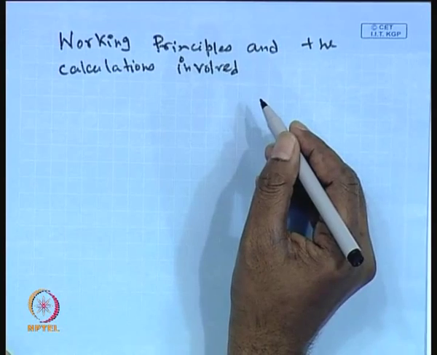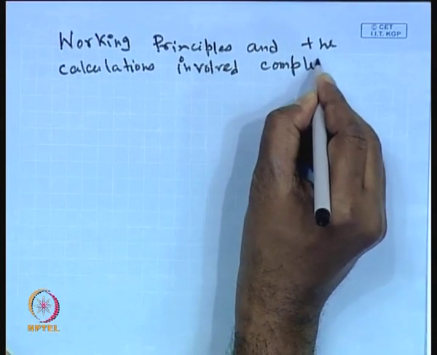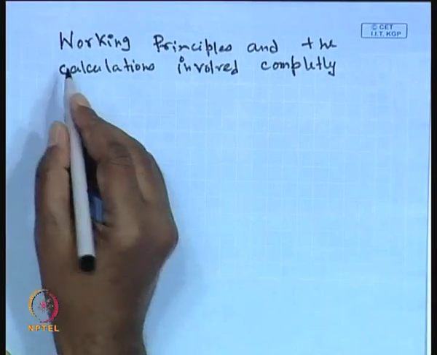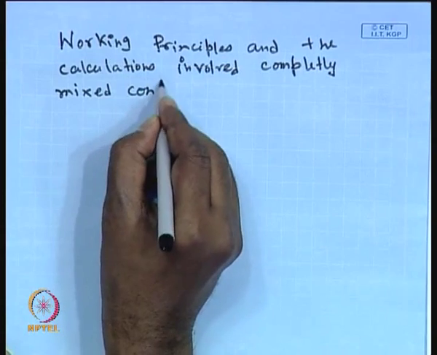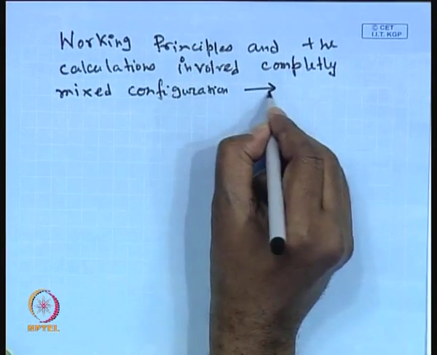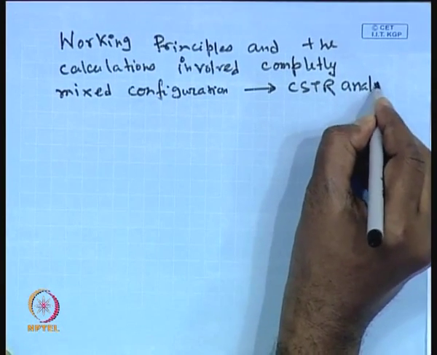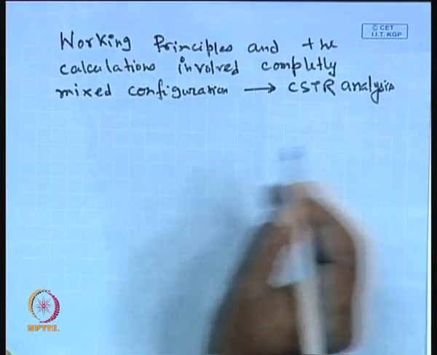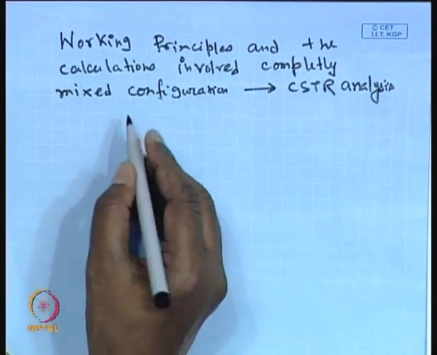The first configuration we are talking about is the completely mixed configuration. It is like a CSTR type of analysis. Now, let us jot down the assumptions involved.